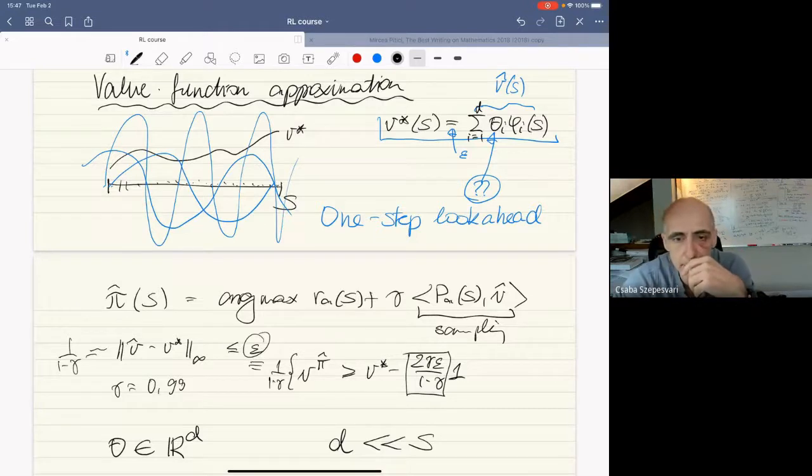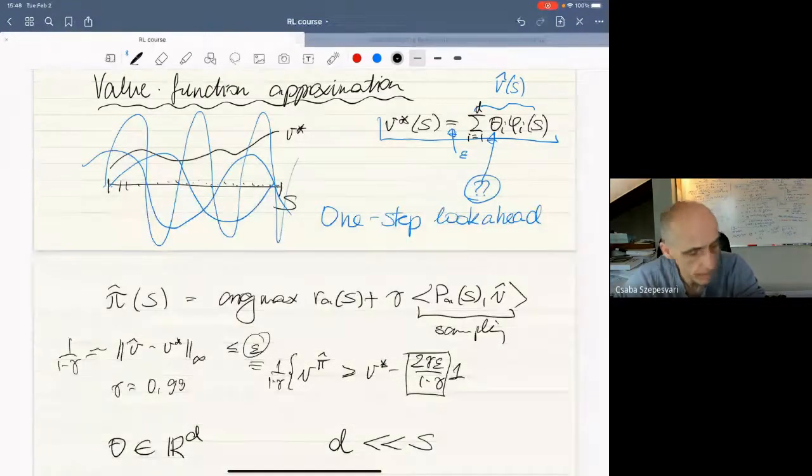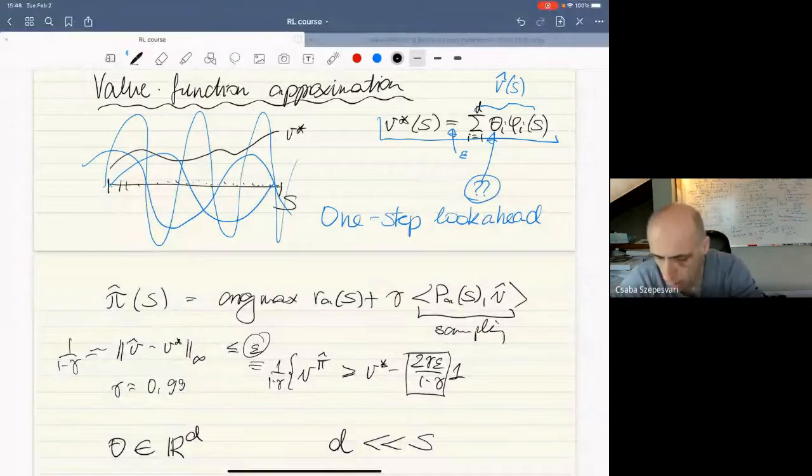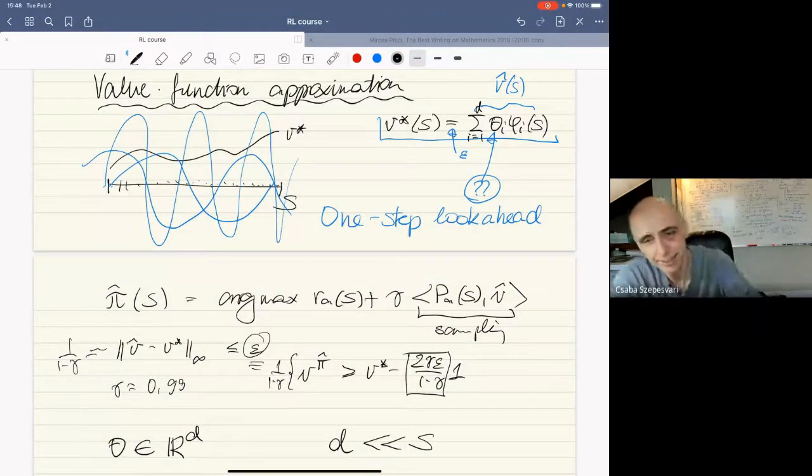If you have a belief that some basis functions are good for compressing value functions, how do you get these coefficients? So you can interact with this simulator. This is the setting that we're going to talk about this week, and then probably next week, and maybe even after that, until the end of the semester.